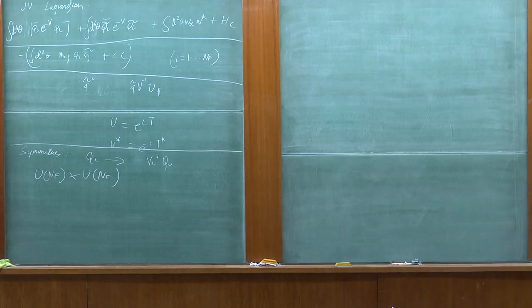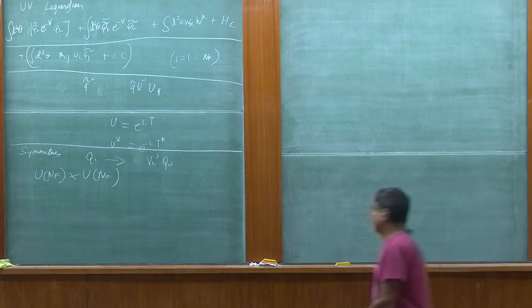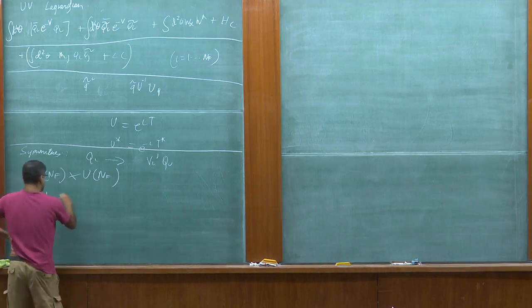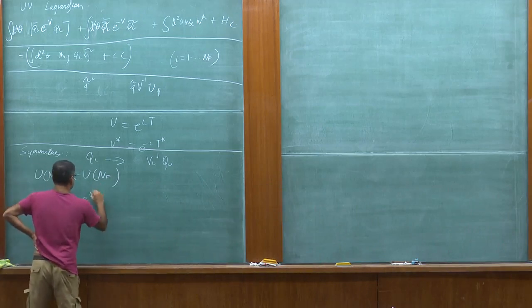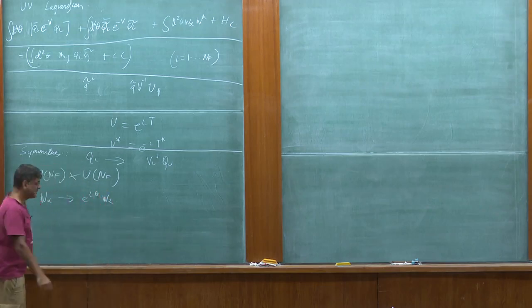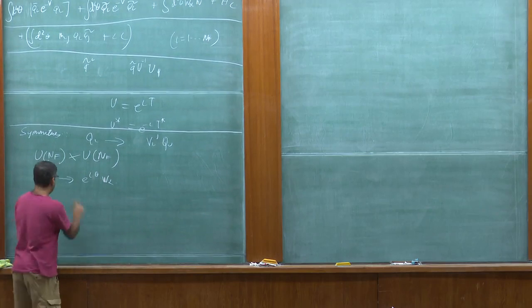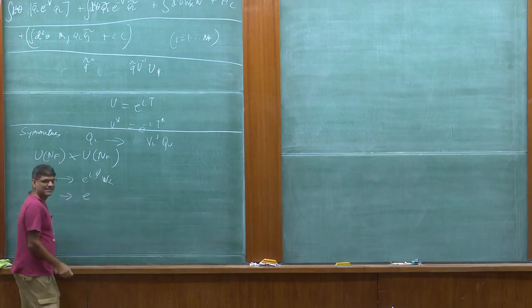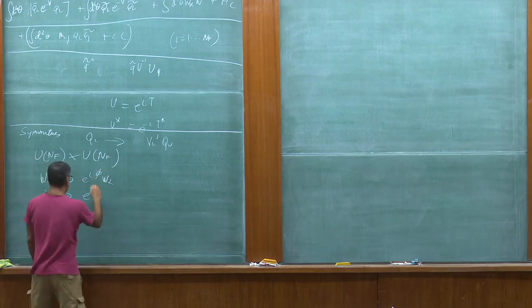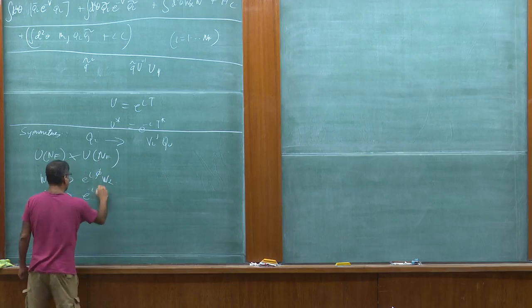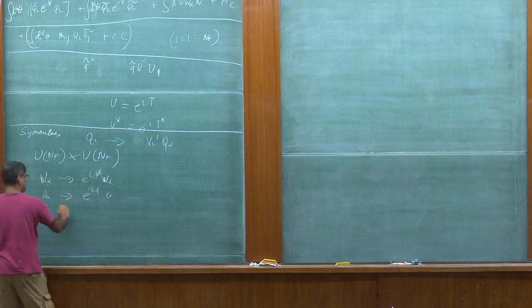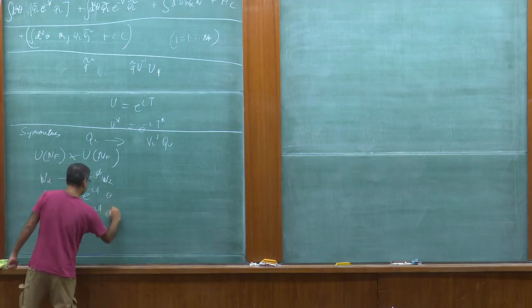In addition to these, there is the symmetry that does the following. Take W_alpha to e to the power i theta W_alpha, and takes theta to e to the power i phi theta, some constant parameter, but takes theta bar to e to the power minus i phi theta bar.